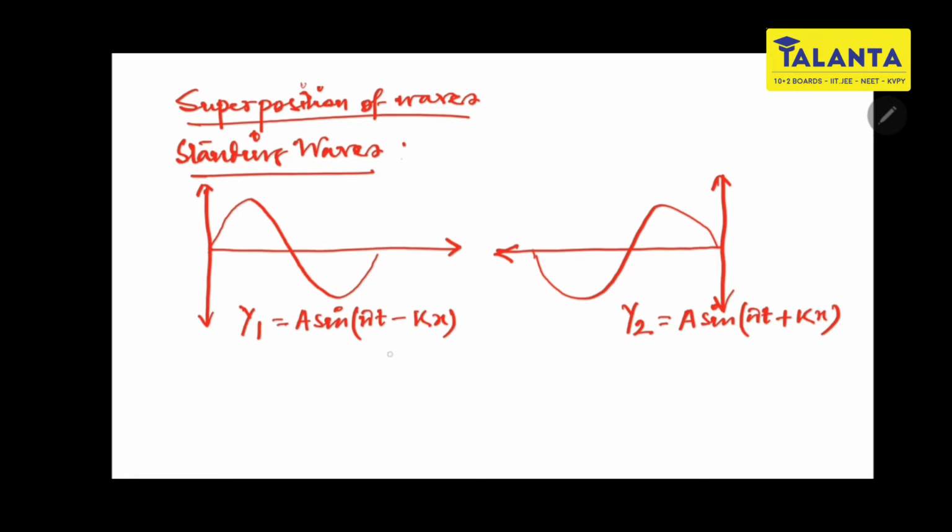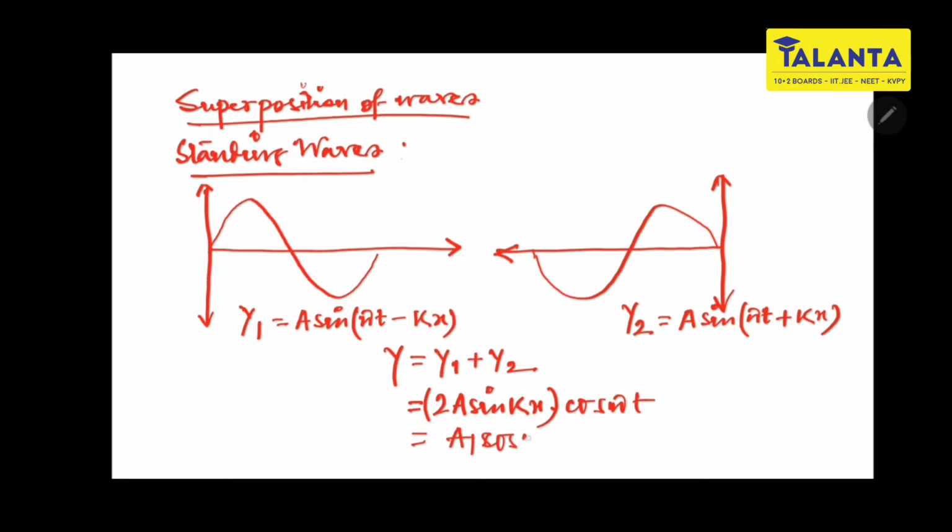Now, by the superposition of these two waves, the equation of the resultant wave, y equals y1 plus y2, equals 2a sin kx into cos omega t. Here this 2a sin kx is denoted by A1, where A1 is the amplitude of the resultant wave.